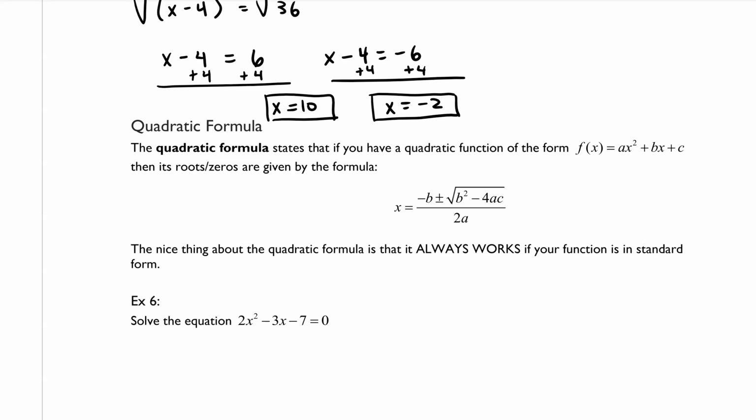Sometimes there are non-real solutions, and don't worry too much about what that means because we're not going to talk about it so much in this class, but if you take future math classes, you might get into that more.